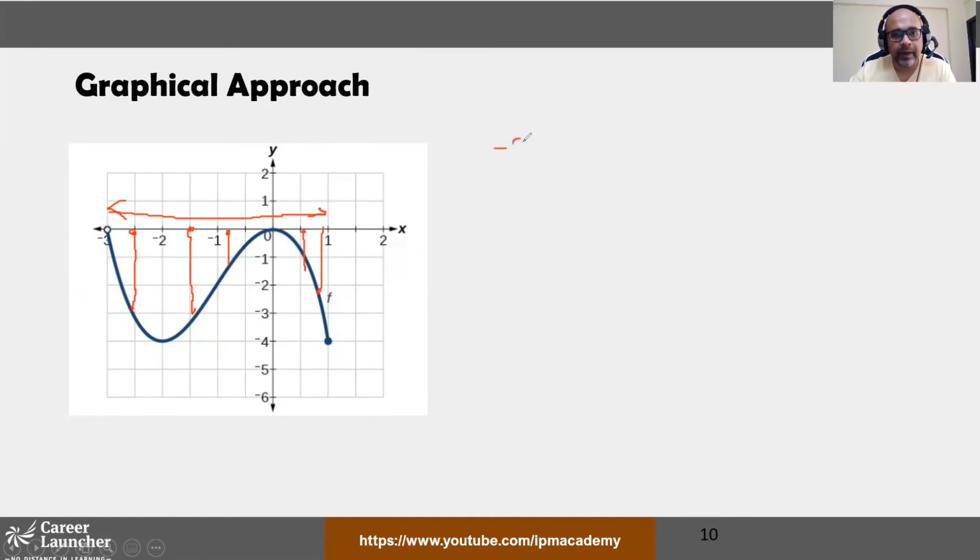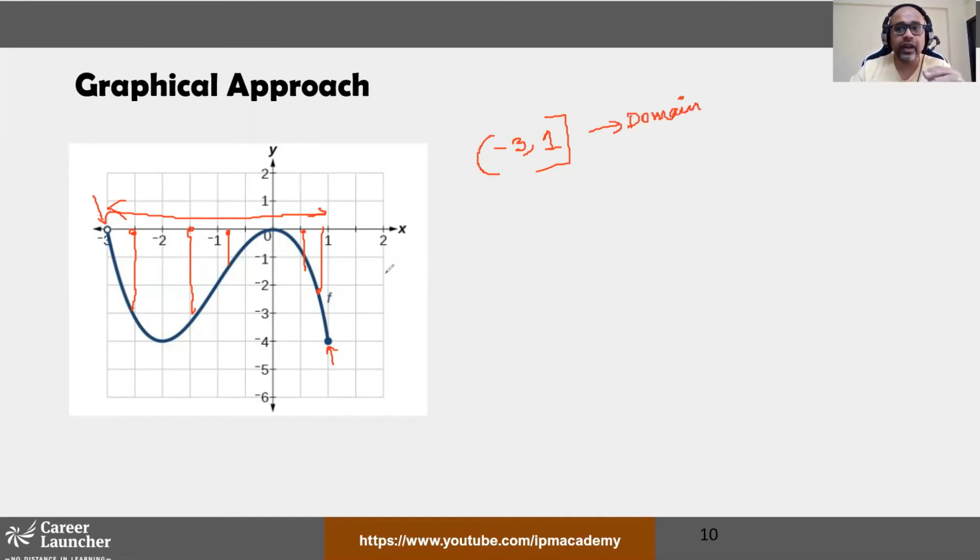It is starting from -3 going up to 1. If you notice this dark circle here, dark circle means the end point. That's how you put in a graph that the end point is included. So I will put a bracket like this, and you can see here it is a white circle. White circle means the end point is not included. So it is like this. This is your domain.